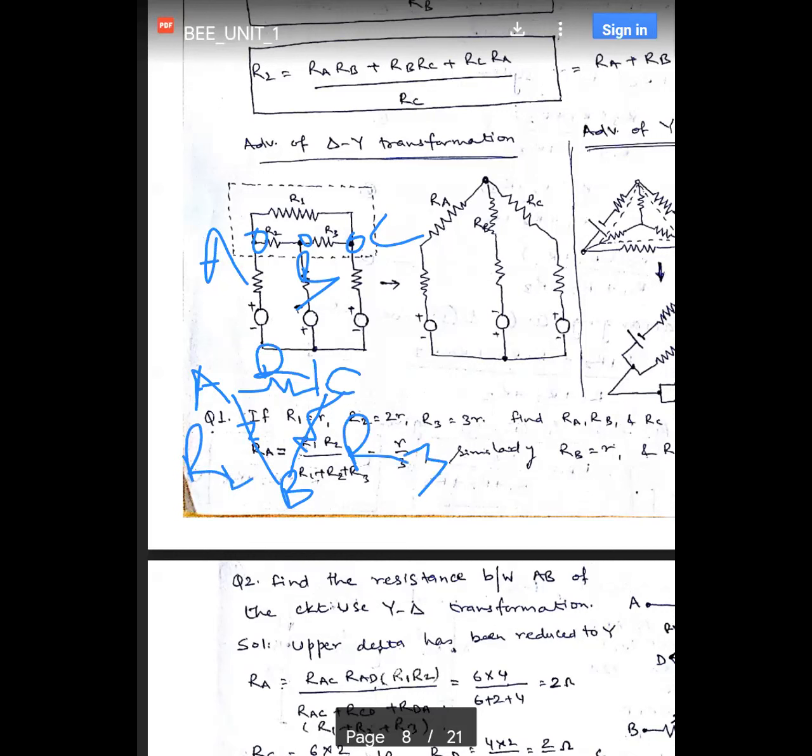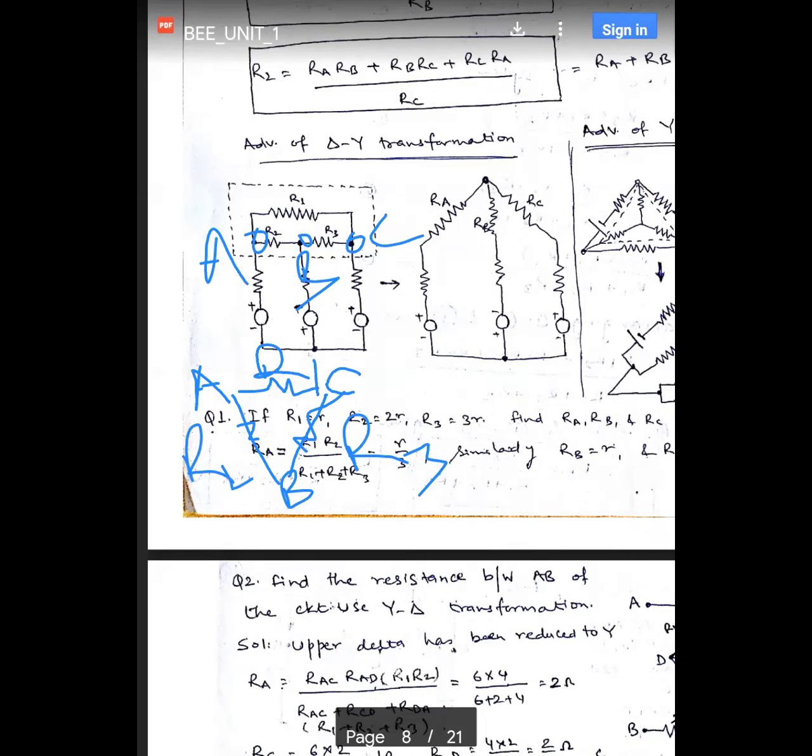It is just that we have to identify and capture whether these nodes are forming the star or delta. Now since we have identified that it is a delta, we can convert it into star, using the formulas which we have already studied.